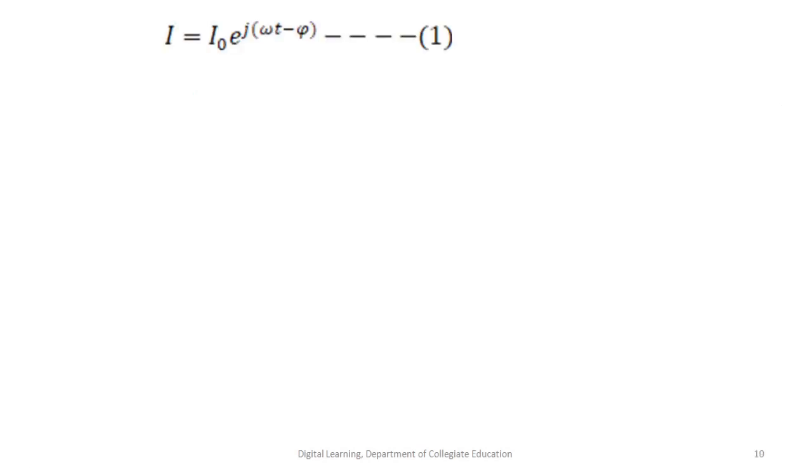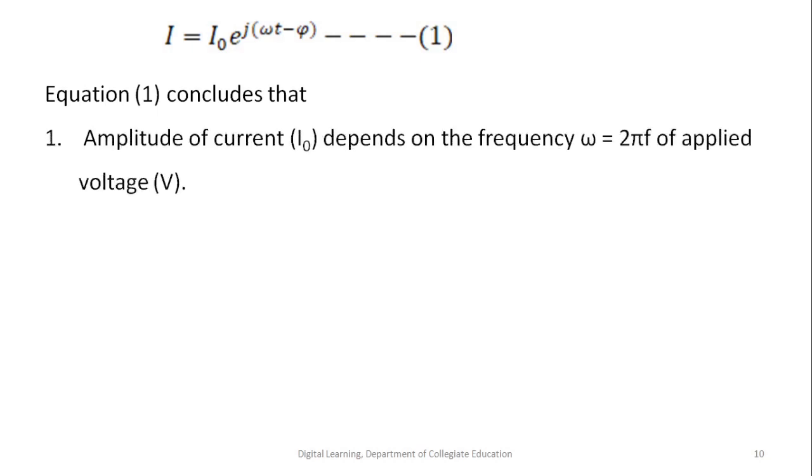From equation 1, that is I is equal to I naught e power j omega t minus phi, we can conclude that the amplitude of current I naught depends on the frequency, that is omega is equal to 2 pi f, of the applied voltage.